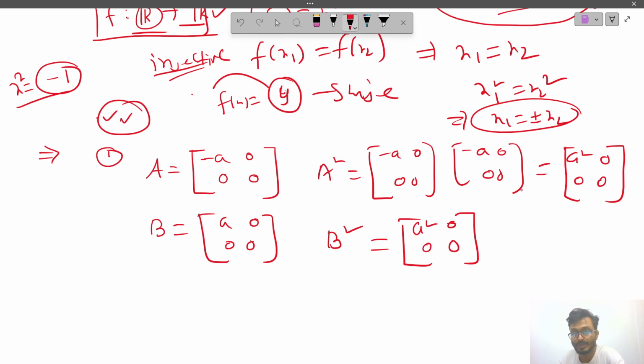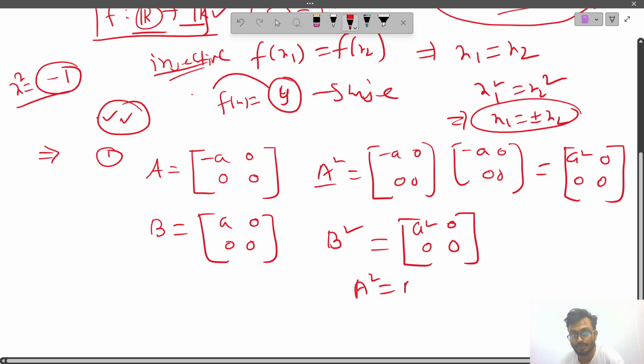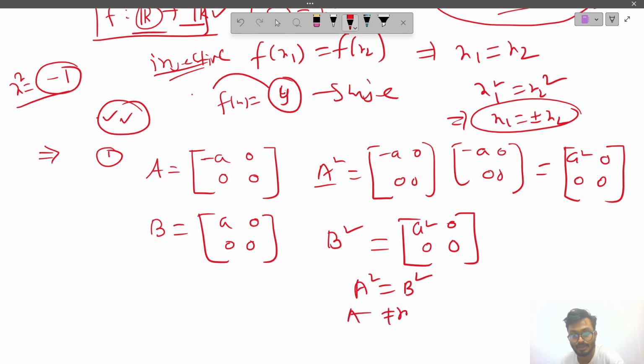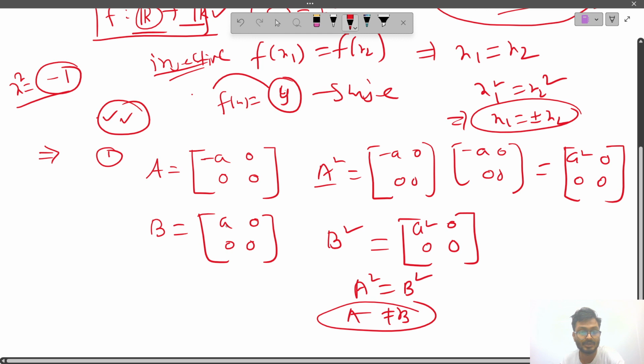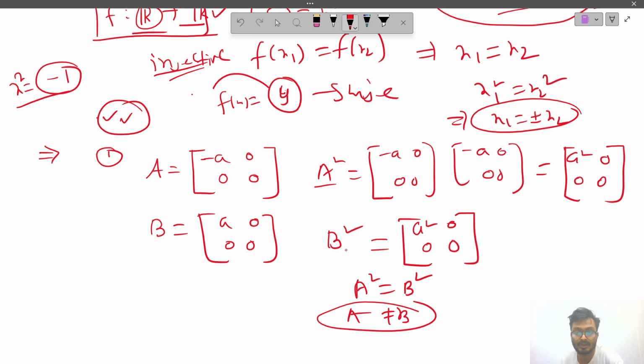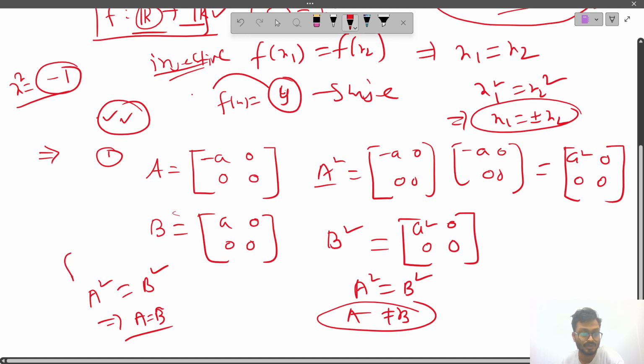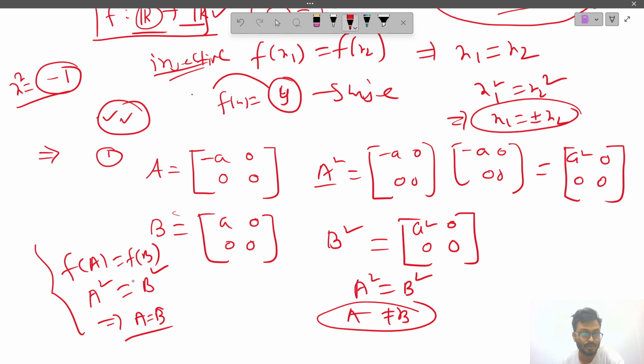So a square equals b square, but a does not always equal b. So we saw that f of a equals f of b does not always imply a equals b. That means it is not injective.